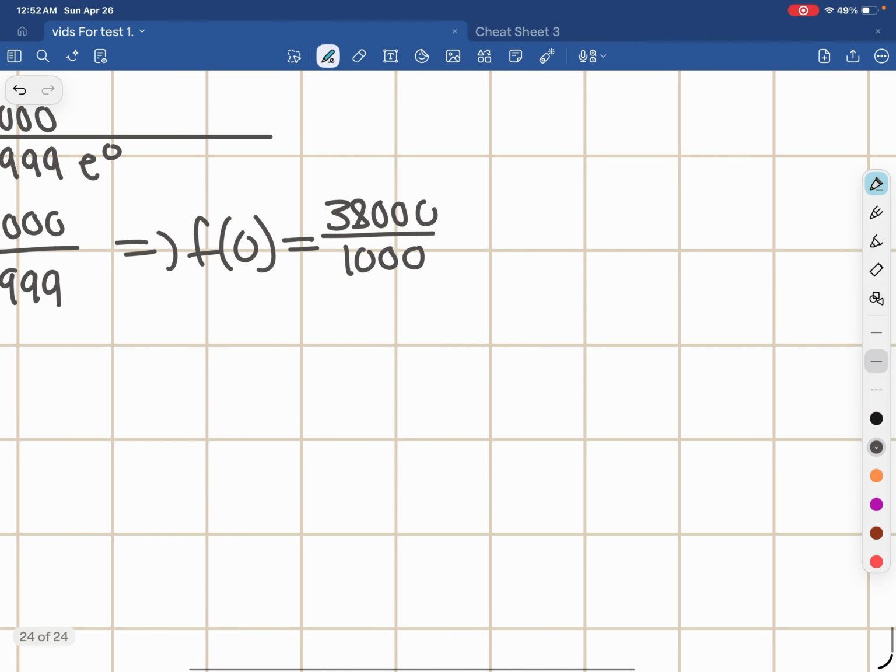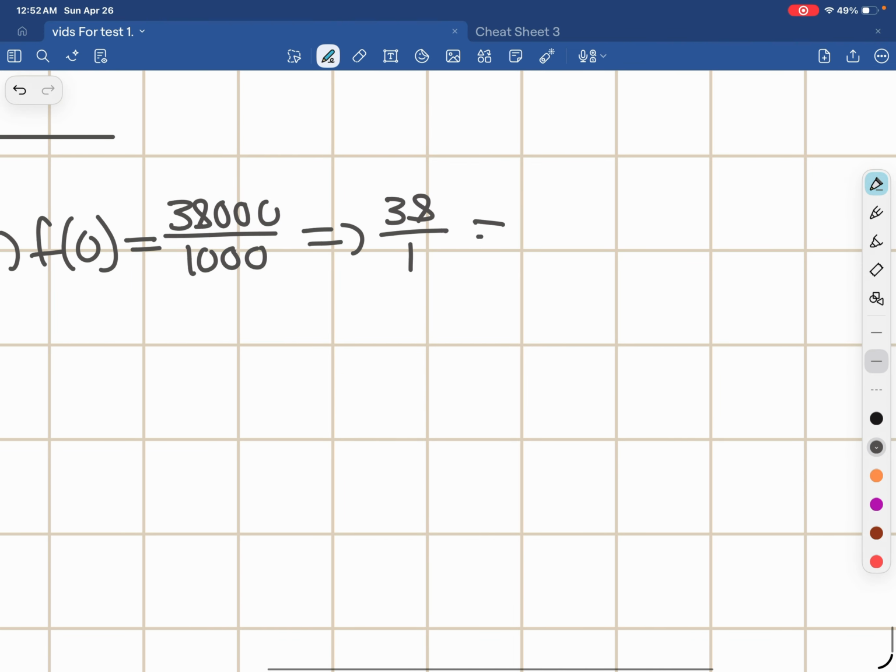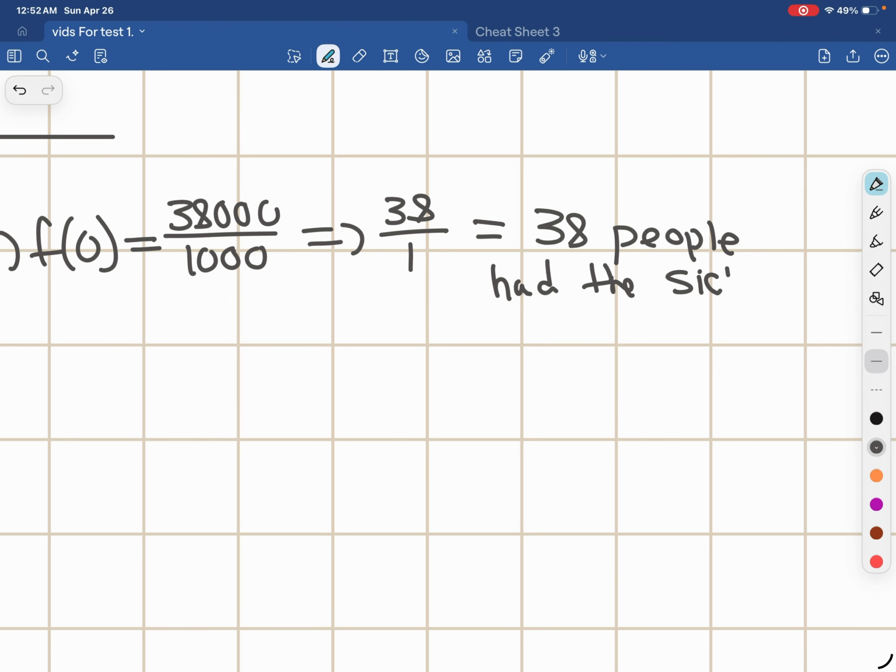We can knock off 3 zeros, giving us 38 over 1, giving us 38 people had the sickness when it started.